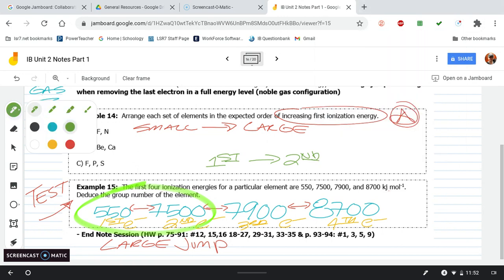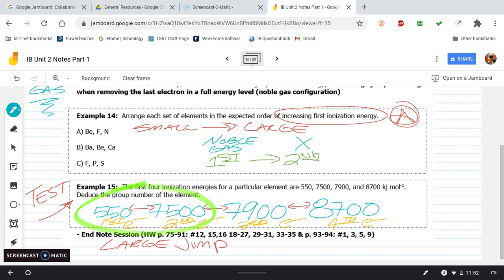It meant that you had a noble gas here, and here you made it not a noble gas anymore, so it made it really angry. So it went from 5,550 to 7,500.